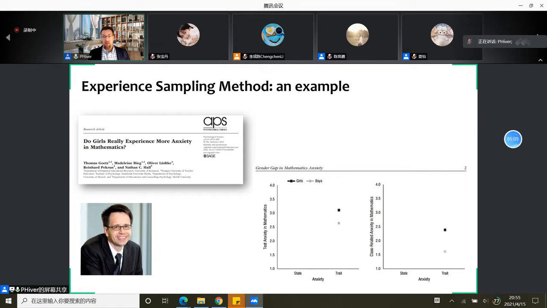But that was using only trait-level measures of anxiety. So their objective here was not just to uncover gender differences in math anxiety, they wanted to contrast situated state-level reports in the moment, real-time experience with those conventional trait-level reports that are affected by subjective beliefs.